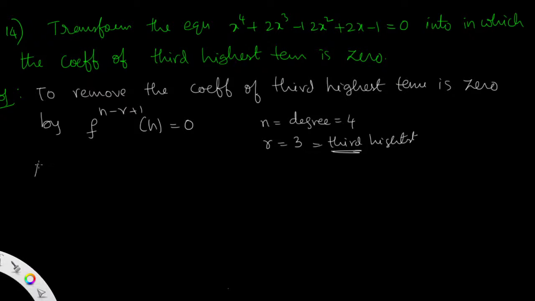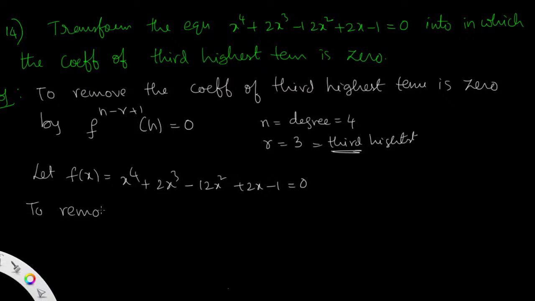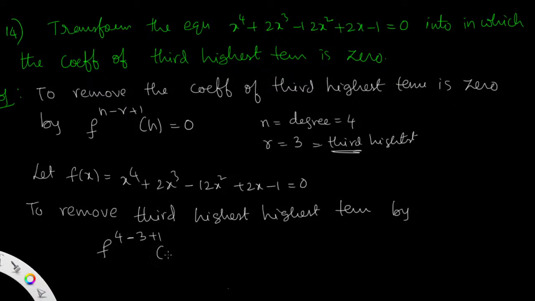So let f of x equal to x to the power of 4 plus 2x cube minus 12x square plus 2x minus 1 equal to 0. So to remove the third highest term, by f to the power of n, that is fourth degree, minus r, that is 3, plus 1 of h equal to 0, it becomes 2.